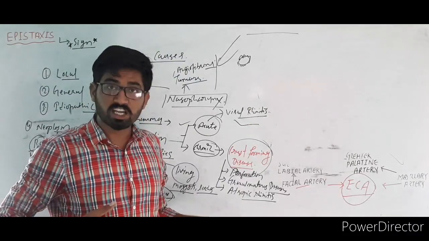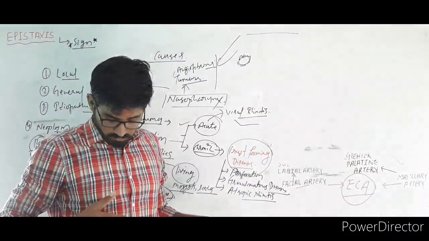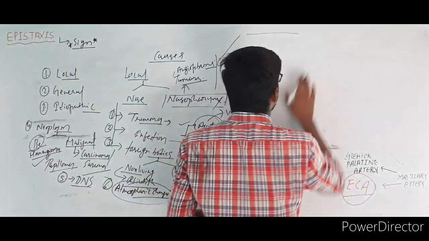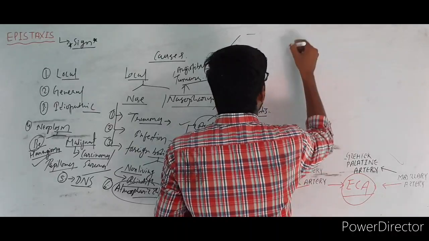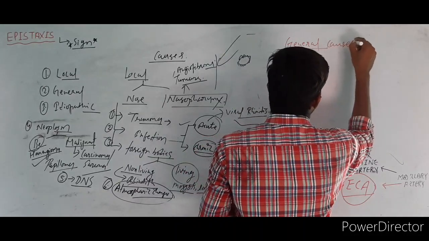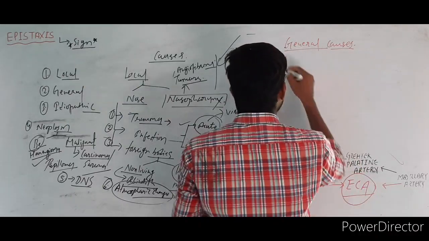After that we will go to the kidney, then the liver. So one by one we will see it. Talking about general causes of epistaxis, in the general causes, first is the serious cause.